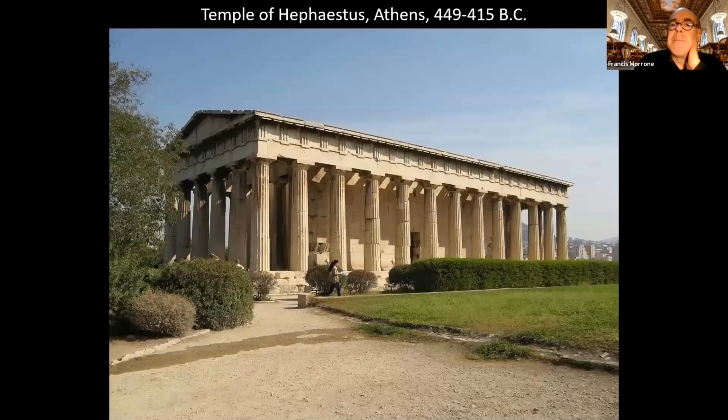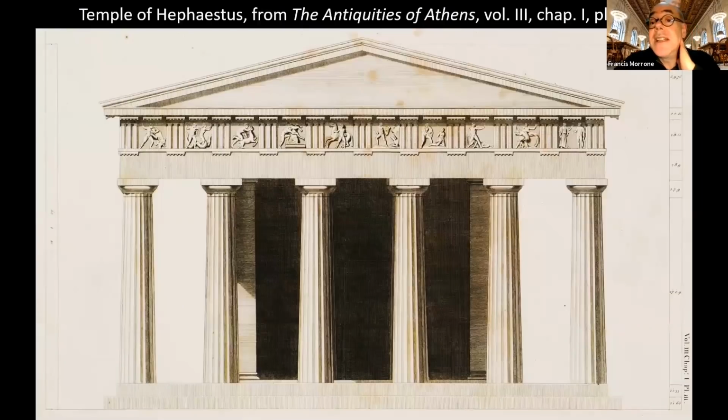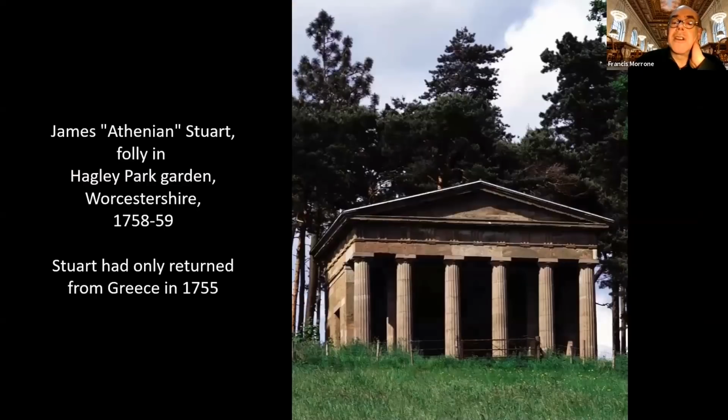So, Temple of Hephaestus in Athens. This was illustrated in the Antiquities of Athens, and something which is quite remarkable is that the co-author of the Antiquities of Athens, the British architect James Stuart, who was known as Athenian Stuart, although the Temple of Hephaestus would be a very influential building once it was published in the second volume, 1787, of the Antiquities of Athens, its fame would spread throughout the Western world.